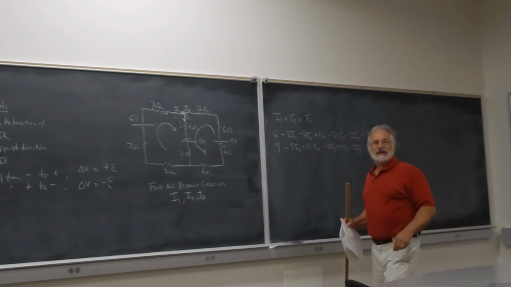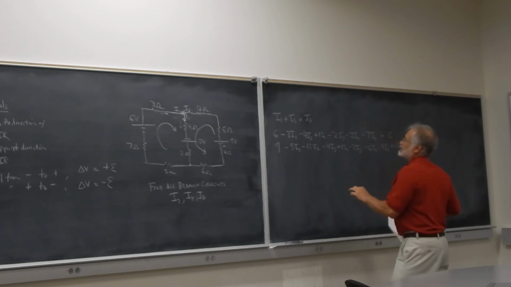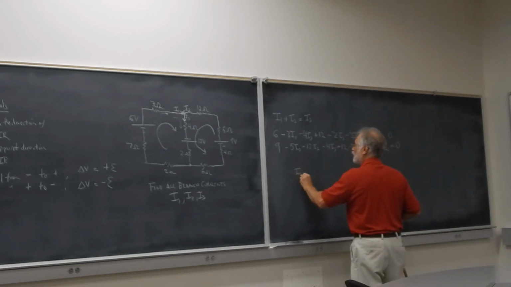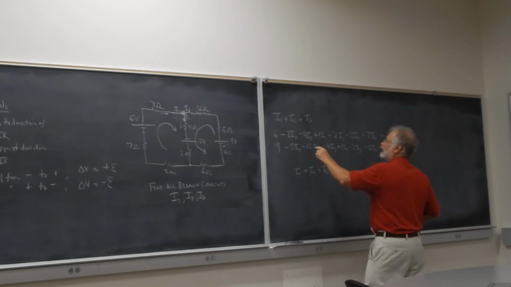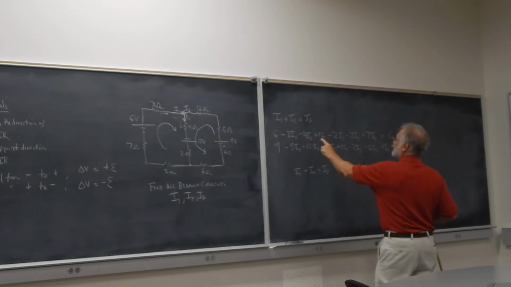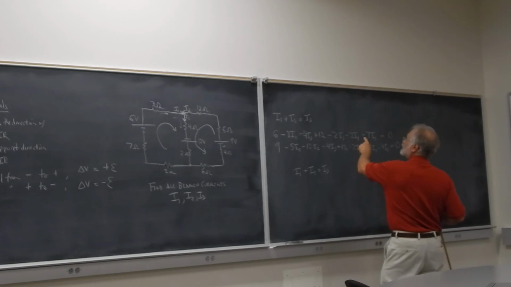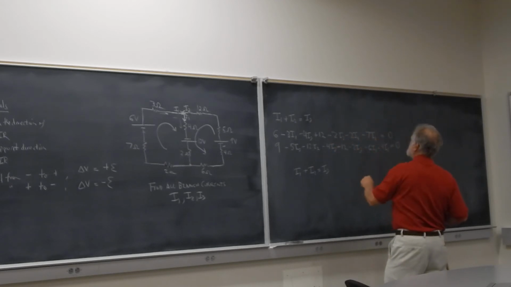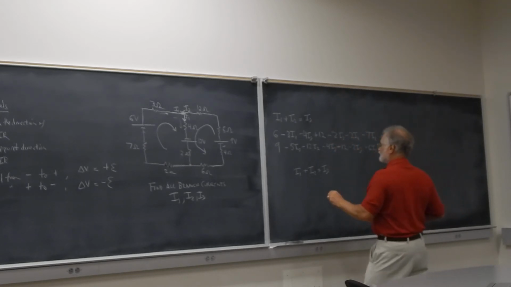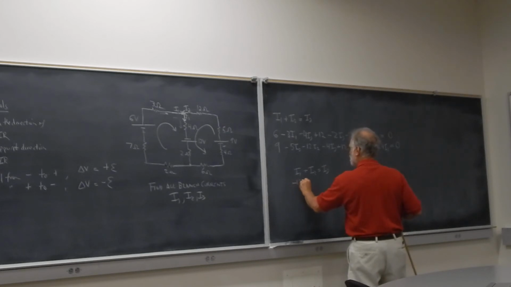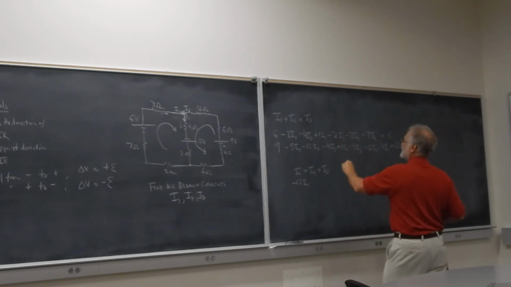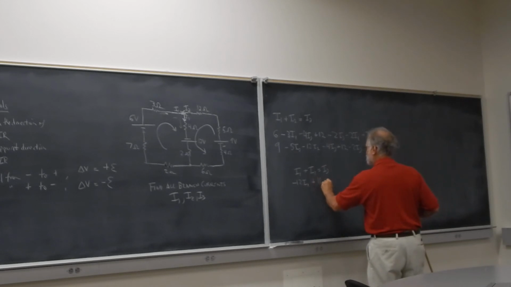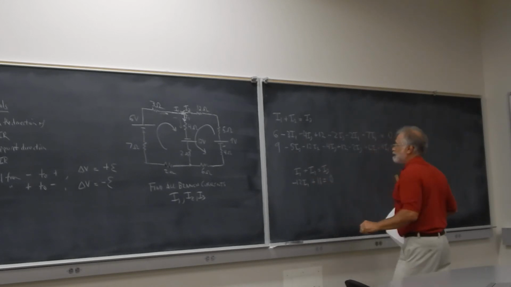At this point, we can put all the terms together to make it a little bit cleaner. So I1 plus I2 equals I3. I've got 3 minus 2 minus 7, that's a minus 12 I1, 6 and 12 is 18, plus 18 is equal to 0.